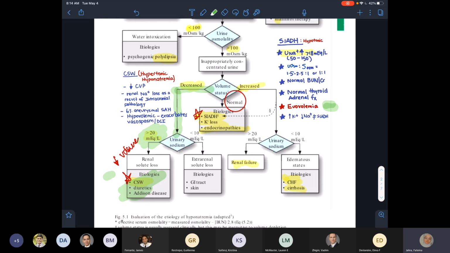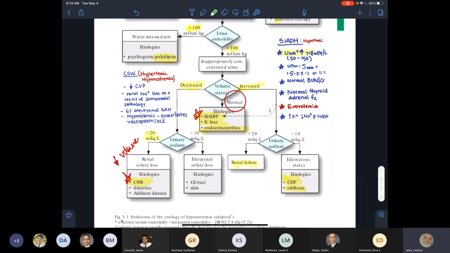In salt wasting, you don't restrict, you give extra volume. And it's important because if you don't give the extra volume and you restrict fluid, then you can worsen the intravascular volume and exacerbate vasospasm and DCI in salt wasting. So we don't want that. Those are the key differences.